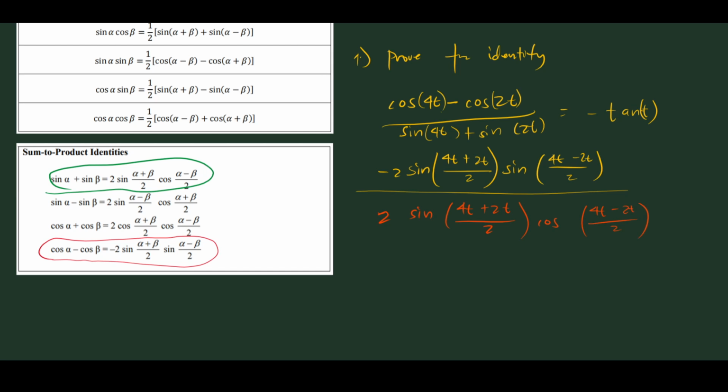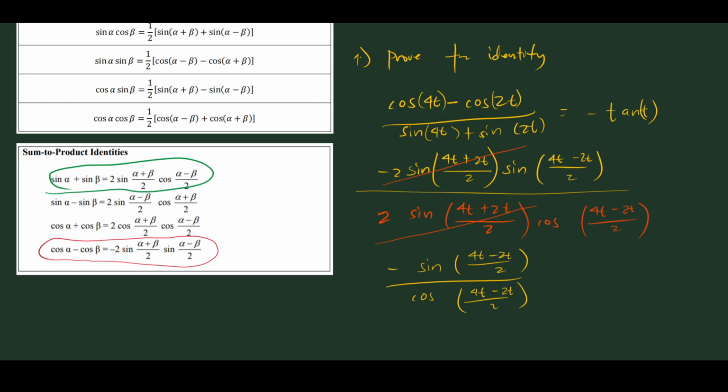Let's see, what do we have here? By inspection, we know that we can cancel these two out, right? So we will be left with negative sine of 4t minus 2t all over 2, divided by cosine of 4t minus 2t all over 2.